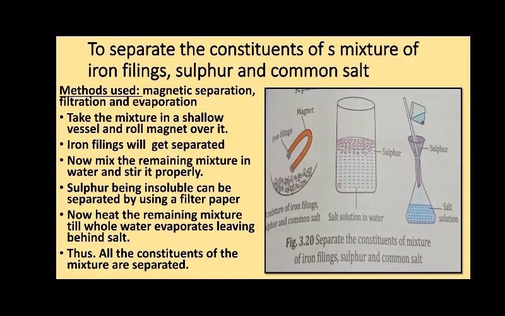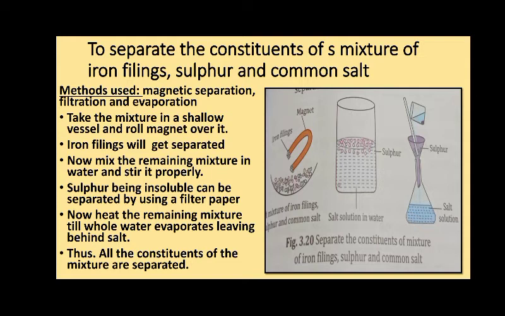We dissolve both in water, and common salt will dissolve in water but sulfur will not. To separate sulfur and common salt, we do filtration. Sulfur, which does not dissolve in water, will remain on the filter paper, and salt passes through the filter paper.